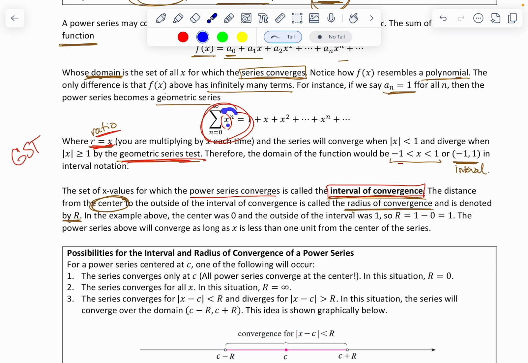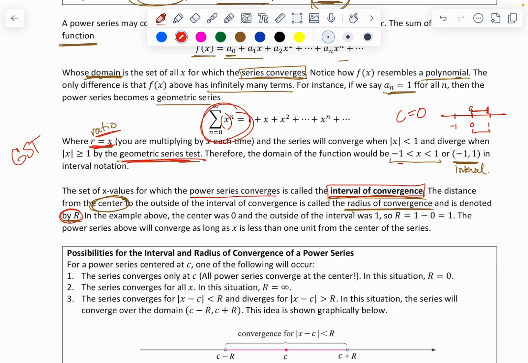Here in this problem, our center is 0, for a series that looks like this. If the center is at 0 and you know that your interval of convergence is from -1 to 1, the radius of convergence is just one value, because it's always stemming from the center.